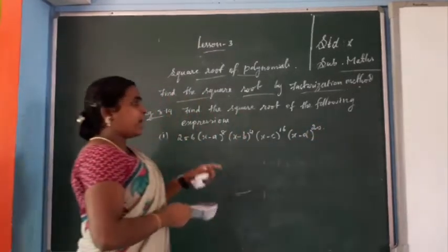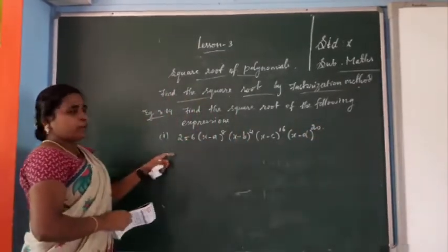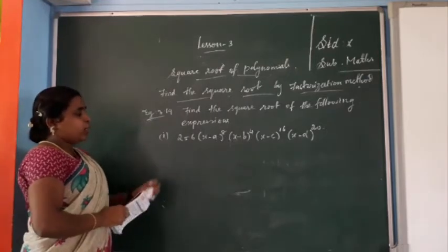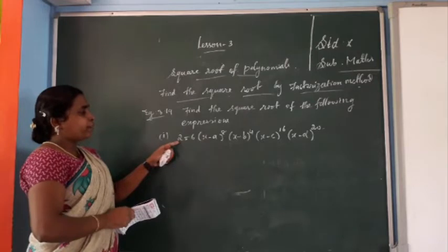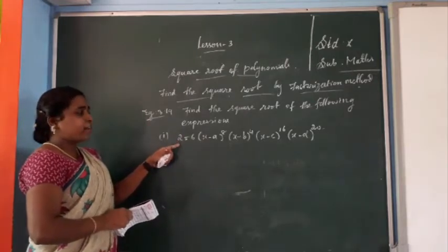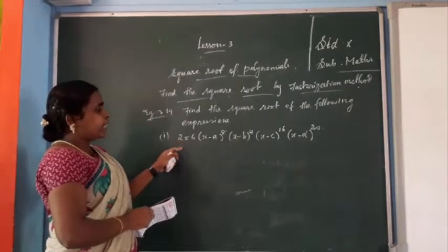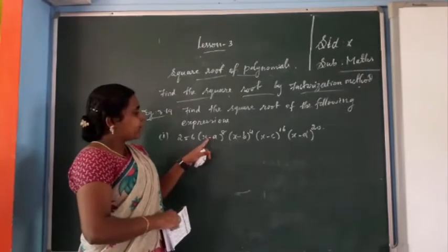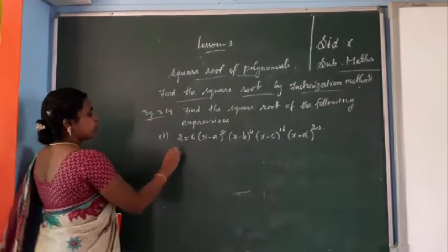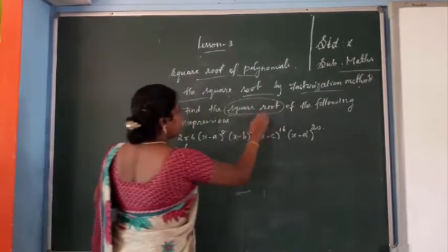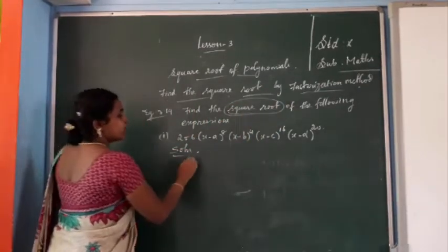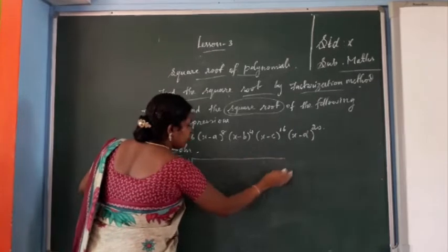So you have to find the square root of this one. Very simple. First you want to know the square root of that number. You want to check whether 256 is the square of this number. After getting that, very simple. So you can write the solution. Actually, in this the square root of it, so for the answer you want to write the square root symbol.